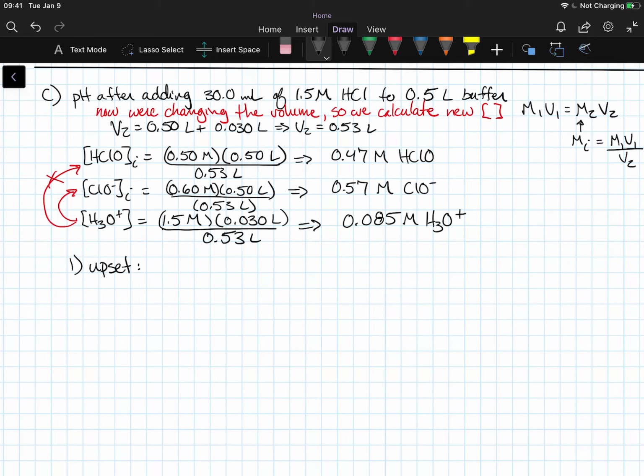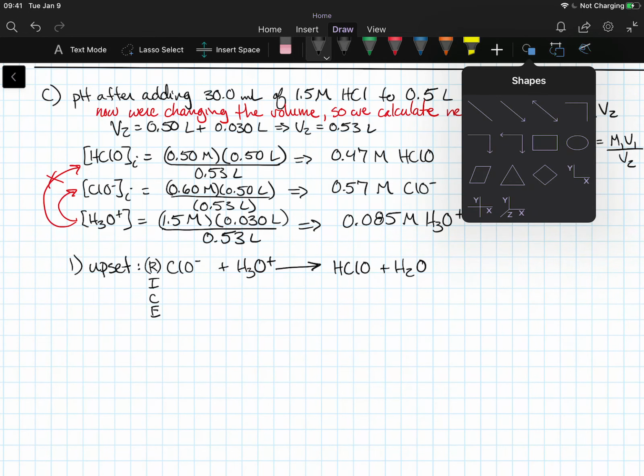So we have ClO minus plus the H3O plus. H3O plus is the strong acid, so the reaction is going to go to the right. It's going to donate a proton, so we're going to form HClO and water.